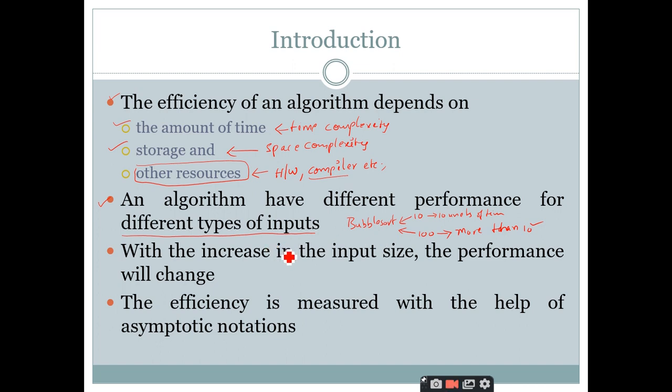So when we change the inputs, whether it is the number of inputs or, for example, for the bubble sort itself, I give the input which is already sorted, right? So does the bubble sort need to do anything? Already I have given the input as the sorted elements, so the output is also a sorted list. So what is the bubble sort doing?